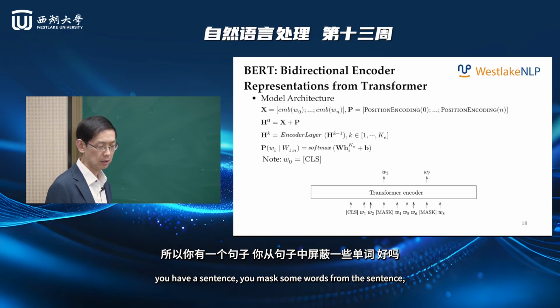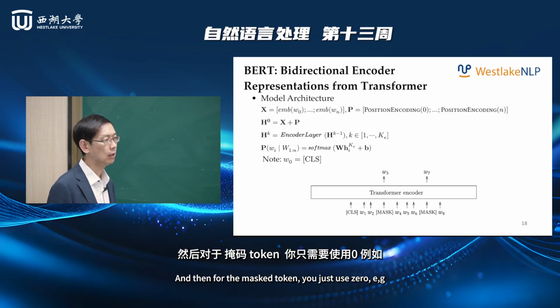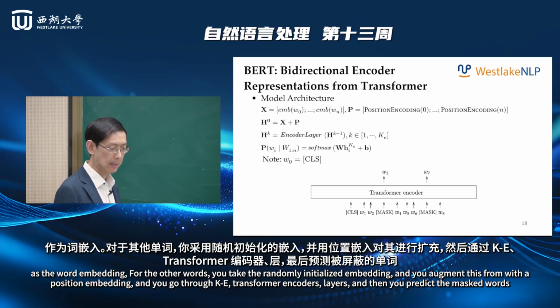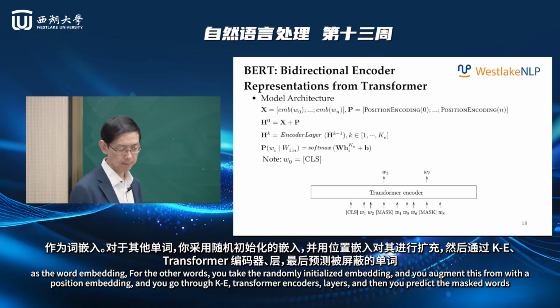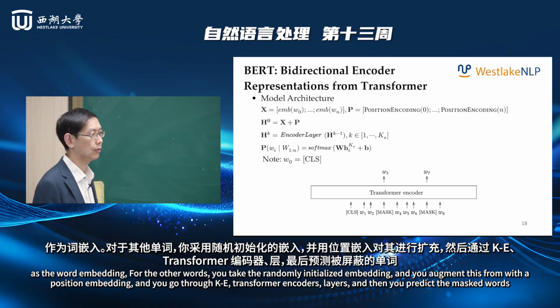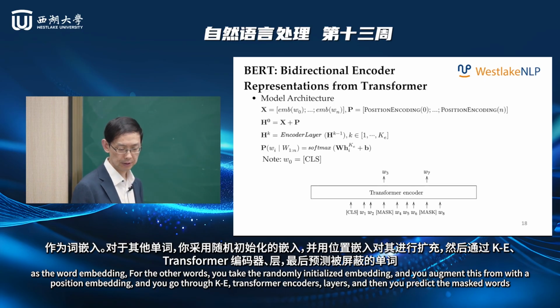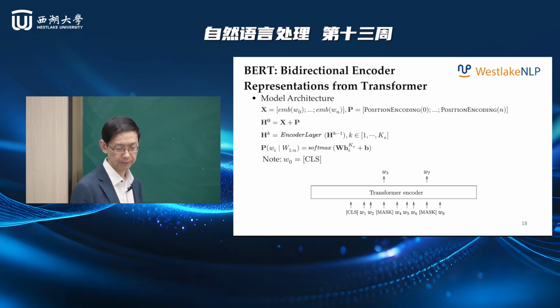So you have a sentence, you mask some words from the sentence, okay? And then for the masked token, you just use 0, for example, as the word embedding. For the other words, you take the randomly initialized embedding and you augment these with a position embedding, and you go through K transformer encoder layers, and then you predict the masked words, okay?